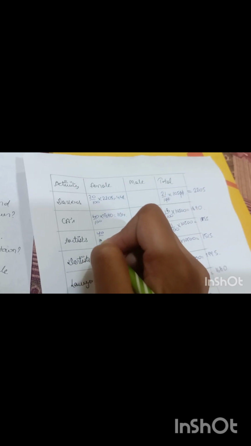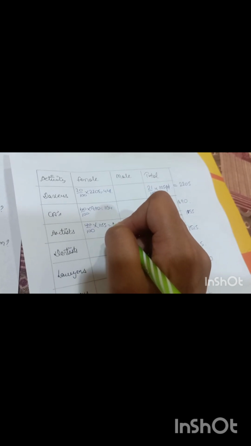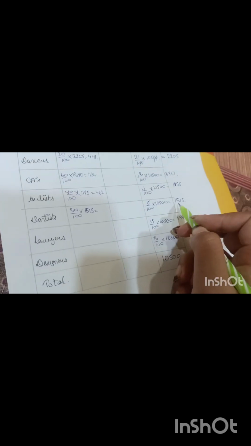For this, you will take this value. For this, we'll take this value. So we'll get the value. For this, you'll get. We have taken this value.